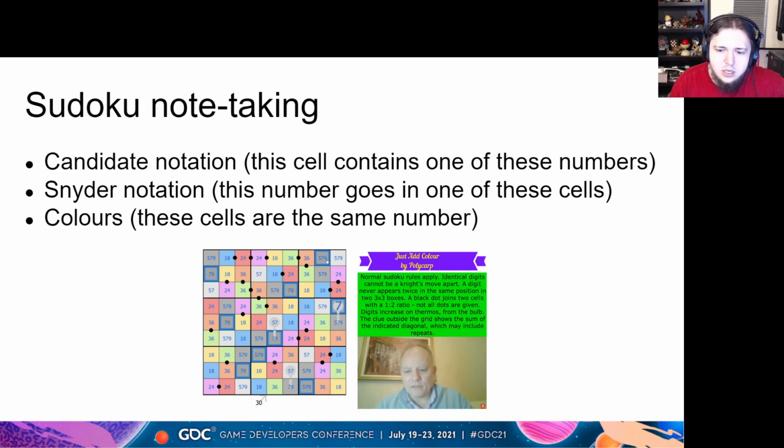Snyder notation is the reverse. It's this number goes in one of these cells. Like here's a box, the 2 in this box goes in one of these cells. And sometimes you'd draw a 2 on the border between two boxes. It's sometimes called a by value. There's different ways that people do it and annotate it. And then there are colors, which means these two cells are the same number, but I don't know which one they are yet.